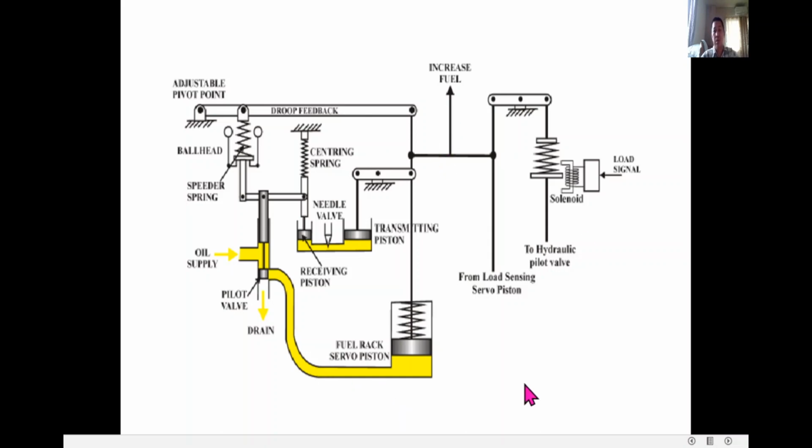This is a signal, a load signal, with the solenoid to the hydraulic pilot valve, from the load sensing servo piston, center spring, and fuel rack servo position. More oil to push the piston will increase the fuel.